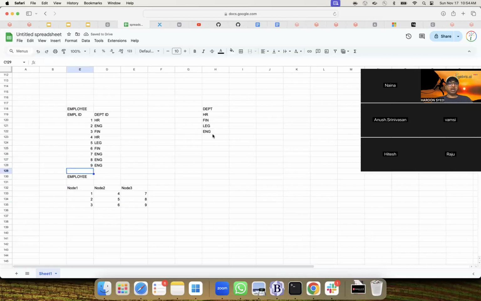Now my department table, let's say that also is split. I have HR, finance, legal, right? Now, if I want to join employee 1, HR is here, so I will join with this. Now, I want to join 2, engineering, so I have to go to node 1.